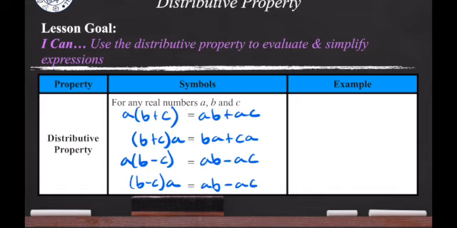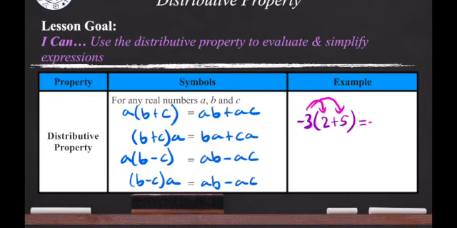Here's an example. Let's say that we have negative 3 times 2 plus 5. All we have to do is take that negative 3 and give it to everything on the inside. So that would be negative 3 times 2 plus negative 3 times 5. In other words, this is negative 6 plus negative 15.